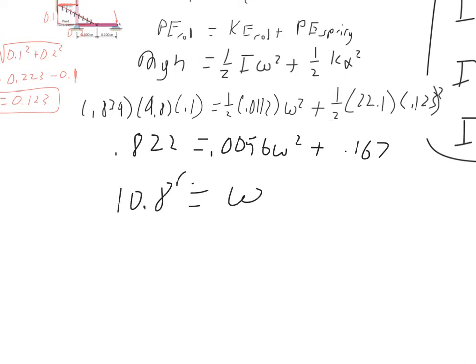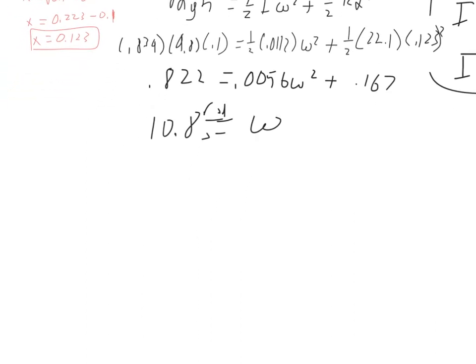10.8 radians per second. But again, that's angular velocity. We don't want angular velocity. They specifically said tangential speed, which is linear speed. So that's pretty simple though. You know that omega times radius will give you your velocity, your linear velocity.